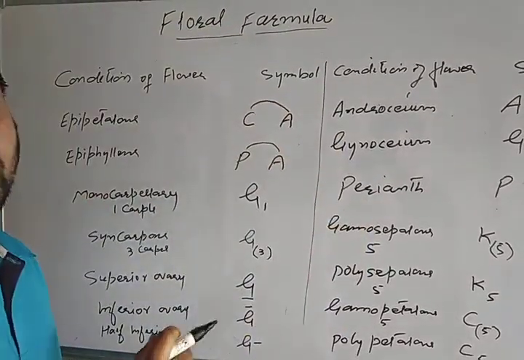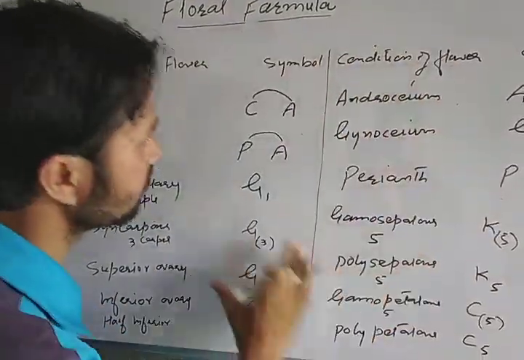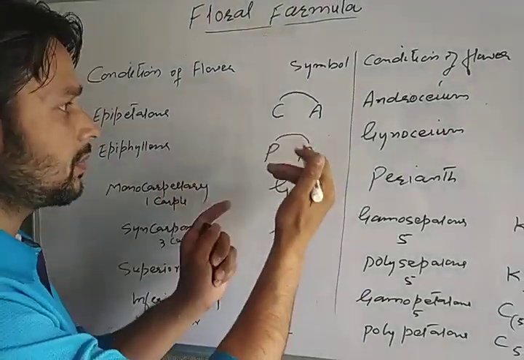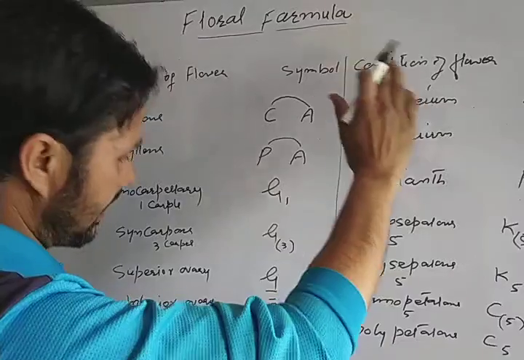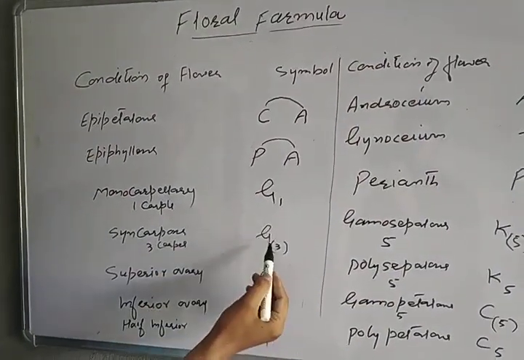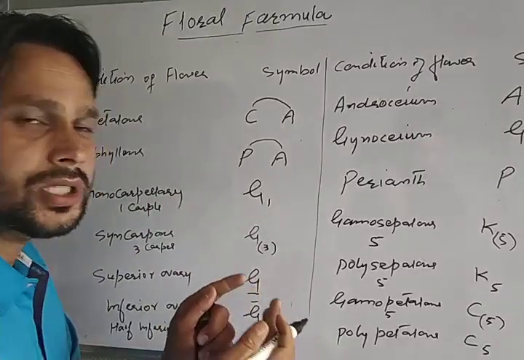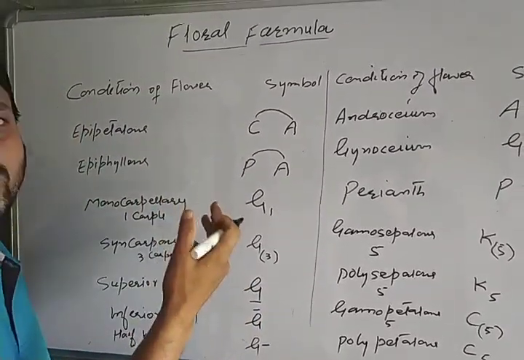These are some conditions and symbols through which we can describe the flower. With syncarpous, fused, there are more than 2 carpels, so I write here 3. We can write 4, 5.